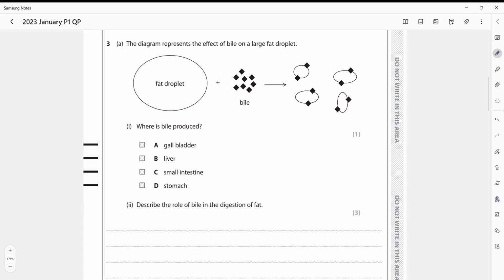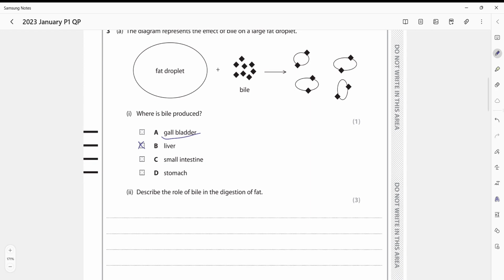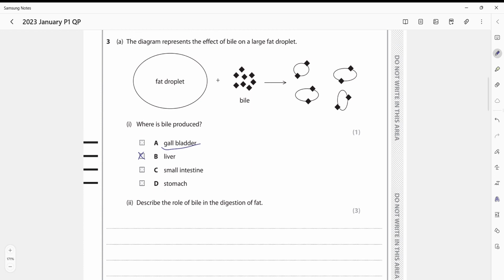The diagram represents the effect of bile on a large fat droplet. Where is bile produced? So bile here is produced in the liver, and then stored in the gallbladder. Okay, describe the role of bile in the digestion of fat. So we can see here this is bile, and here we have a large fat droplet.